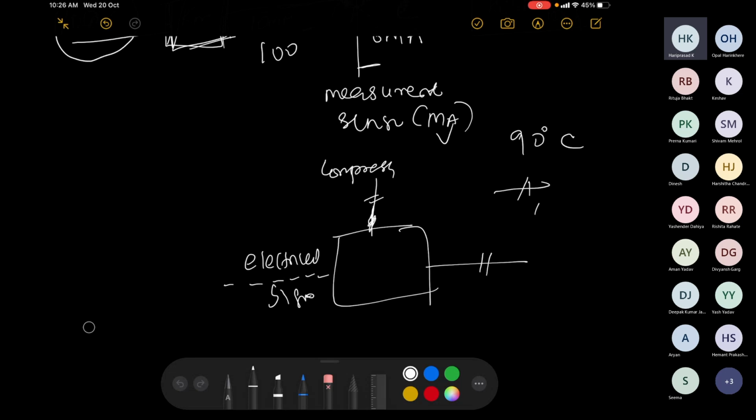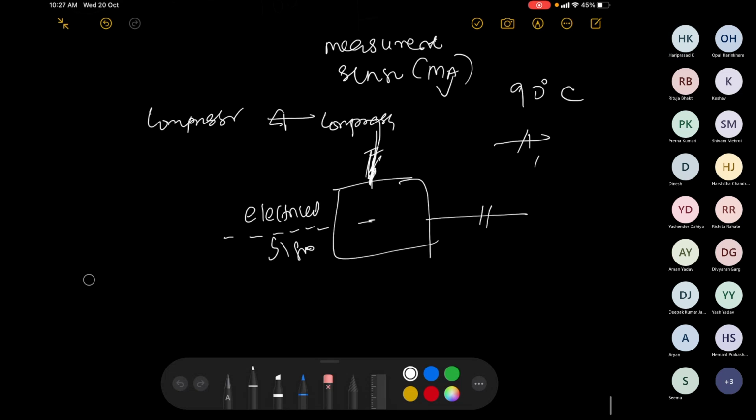Okay, so now what is happening? The compressor would supply ample air, so this is pressure equivalent to the compressor pressure, whatever its rated pressure. And the electrical signal is also going inside. Inside this ITP converter, there are some resistances, some bellows, some diaphragm.